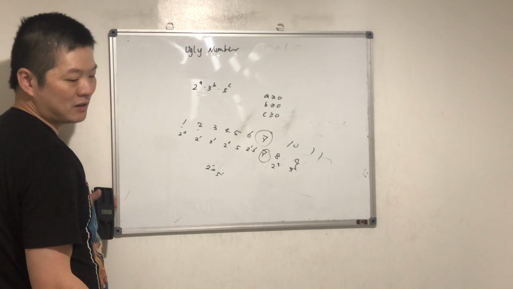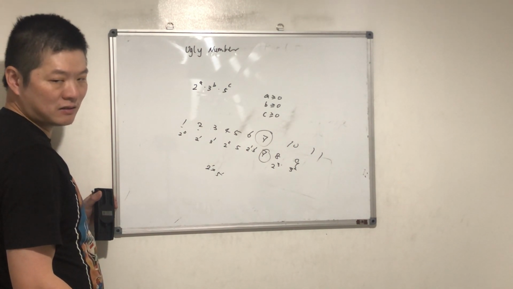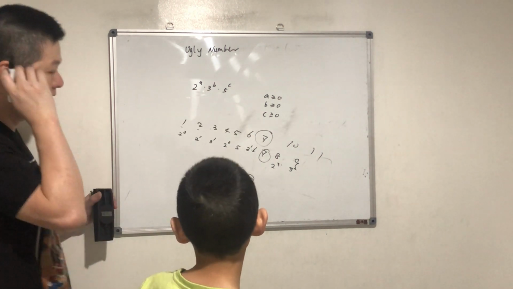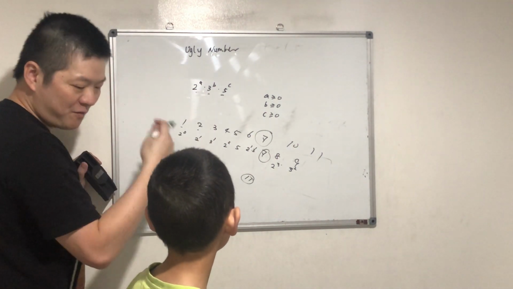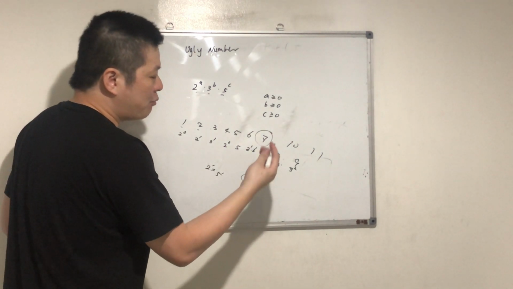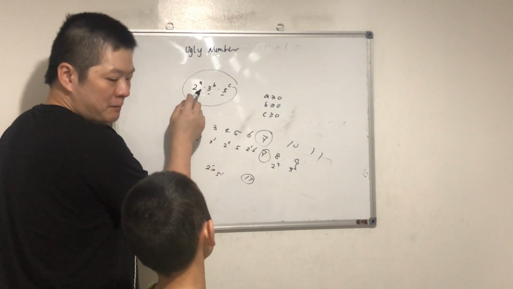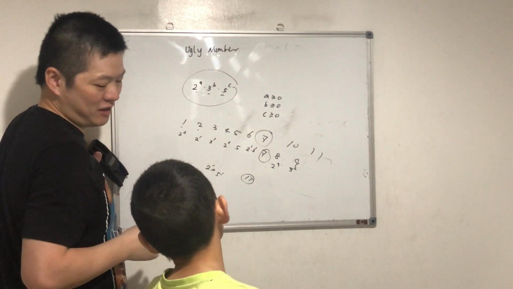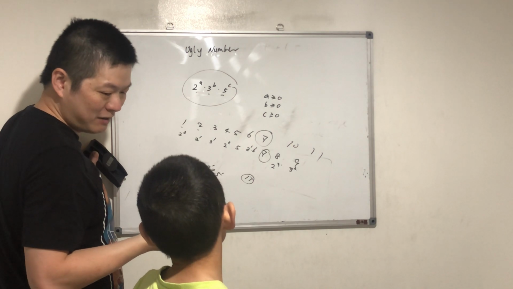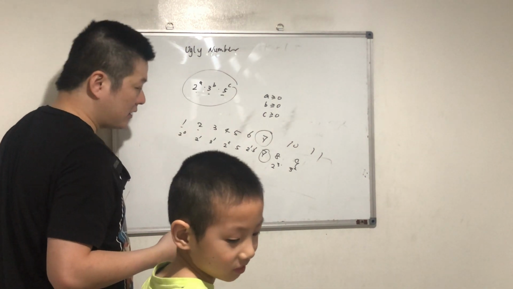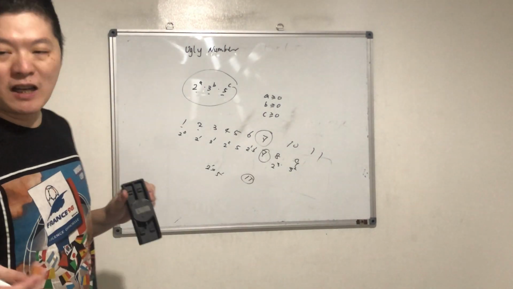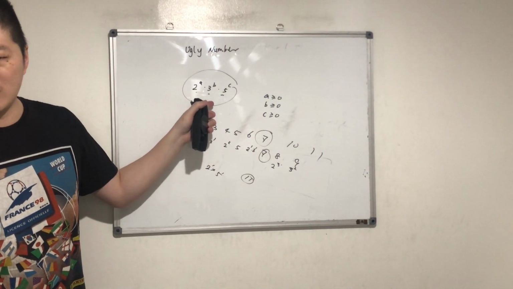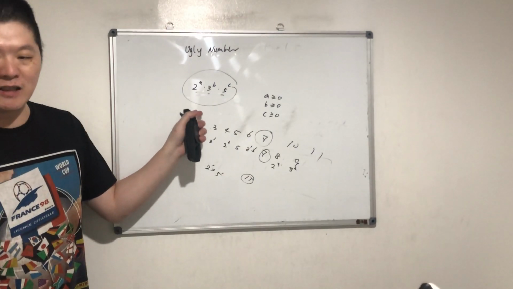No, because 11 is a prime number that is not 2, 3, or 5. If a prime number is bigger than 5, it's not an ugly number, like 7, 11, 13. Does it make sense? Because we are asking whether the prime factors only contain 2, 3, 5.